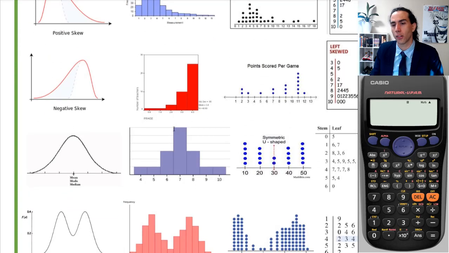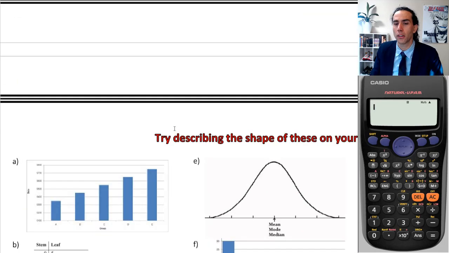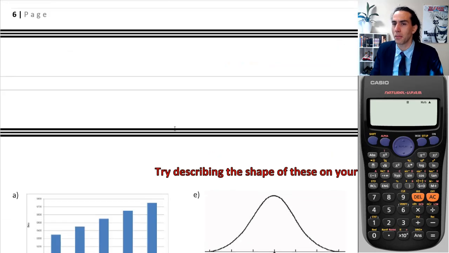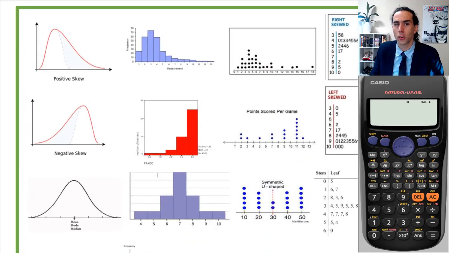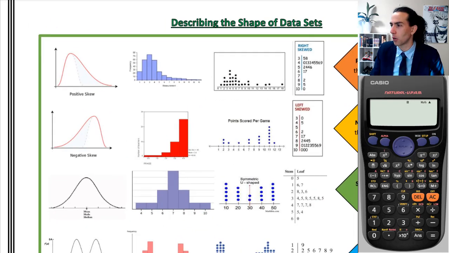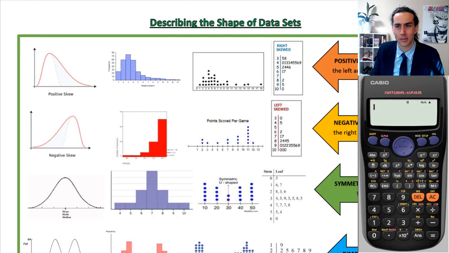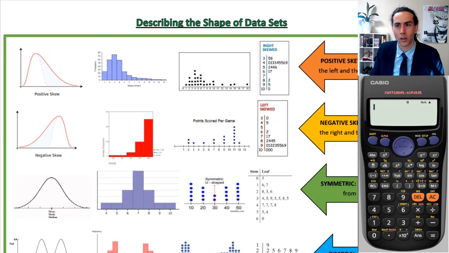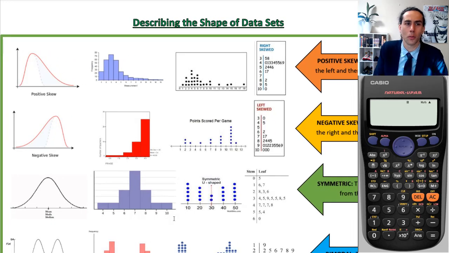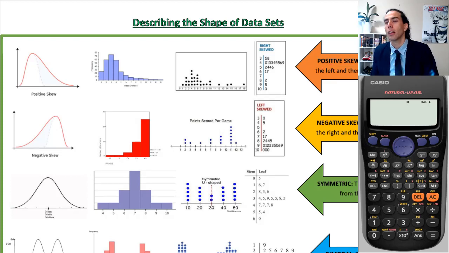Shape of data sets. We'll get this done today. I got some stuff on mean at the end, but we won't get time for that. So I'm going to have to scroll. I'm going to have to get that much on the page. So positive skew. Most data is on the left. So this side. Wait. Actually, let's look at the tail.